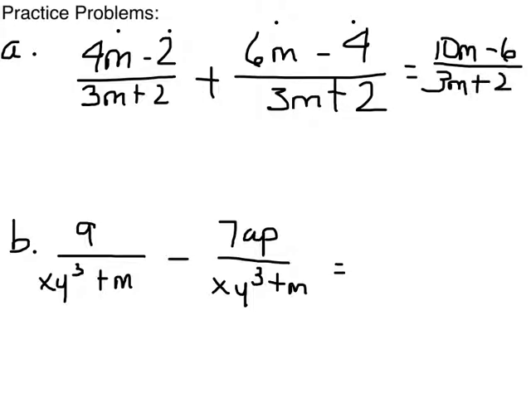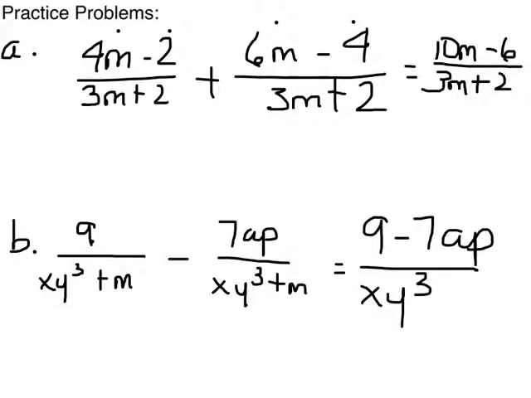All right, and here 9 and 7AP are not like terms. There's nothing that can be added there. So I'm just going to simply write 9 minus 7AP over x y cubed plus m. And then I'm done with that.